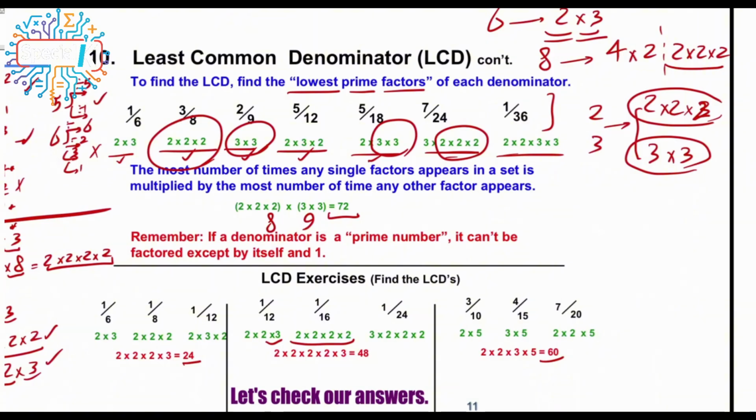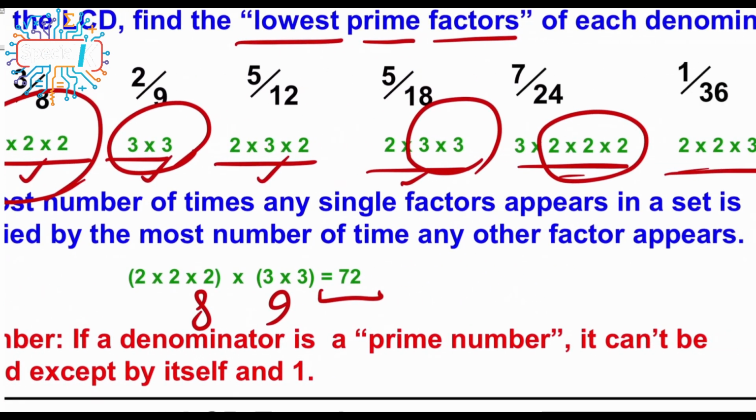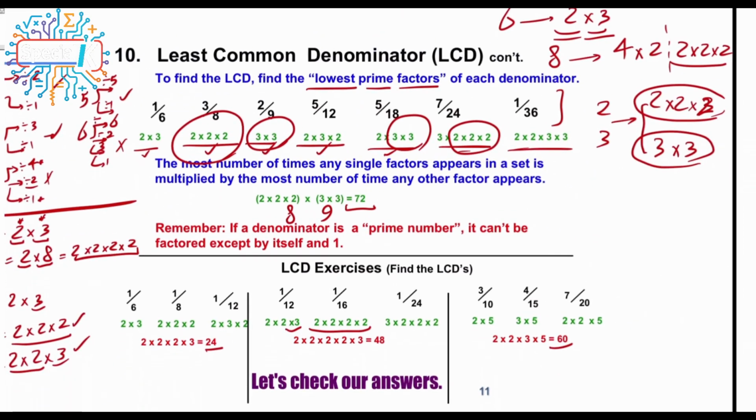So I have to divide them down into smaller numbers, or into prime numbers, 2 and 3. I have 2 and 2. I have 3, 3, 2, 3, 2, 2, 3, 3, 3, and so on. Find the number that is the most repeated one. What is the most repeated number that you have as a prime factor? It's 2. How many times is it repeated? 3 times. Keep it. What about other prime factors?